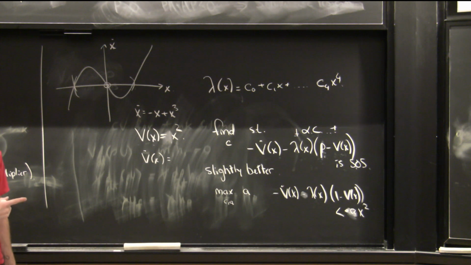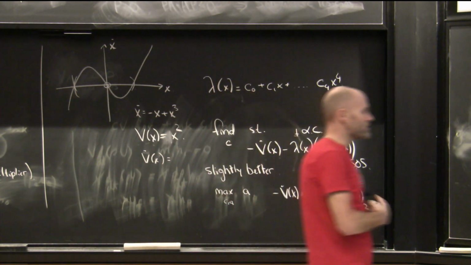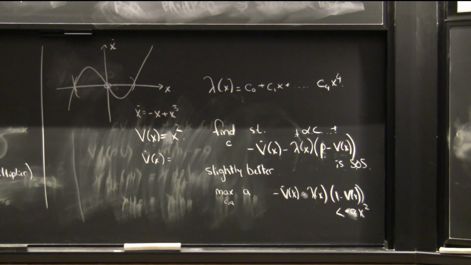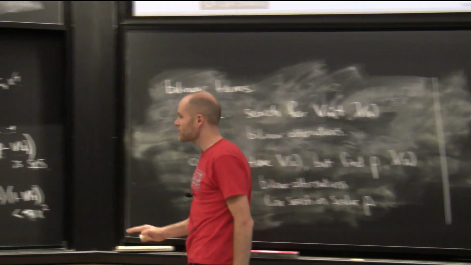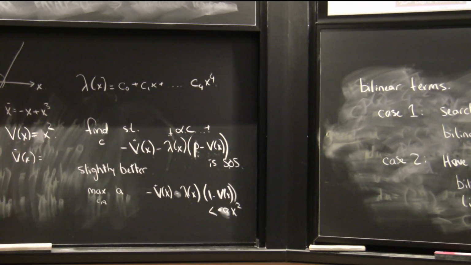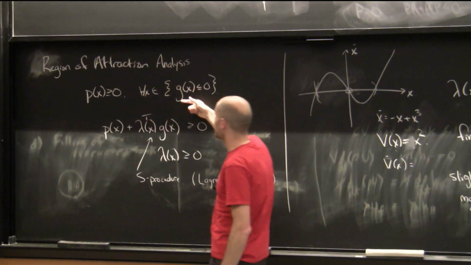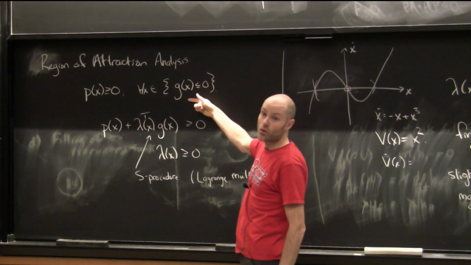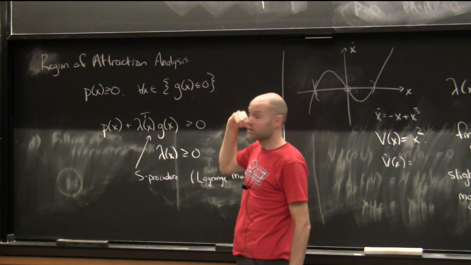Do you guys want one more trick? There's a cool trick, okay? It's a slightly different question. Do you understand that this question says, I want V dot to be less than 0 whenever V is less than rho. That's what I wrote there.